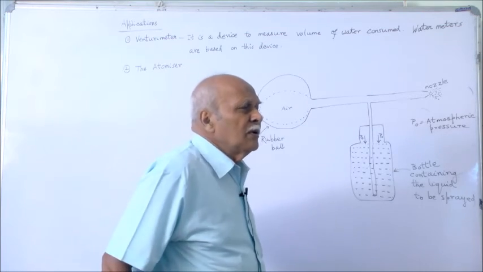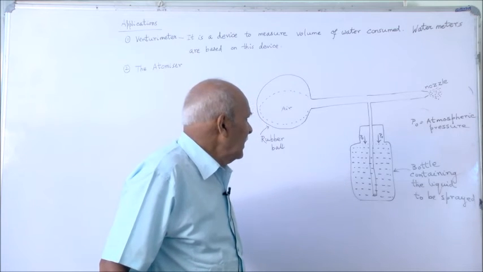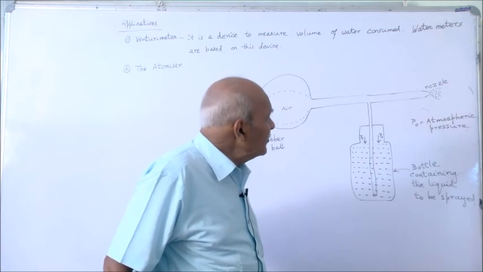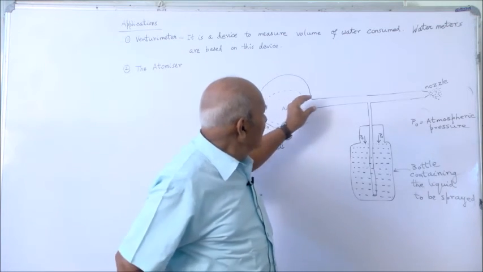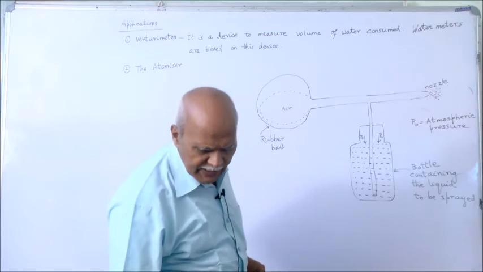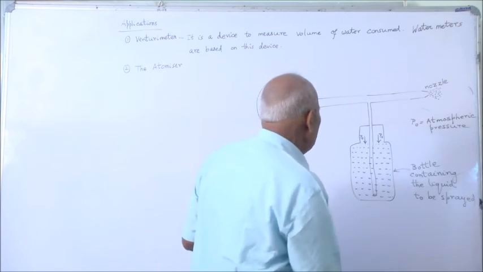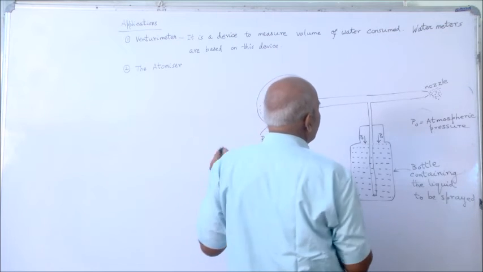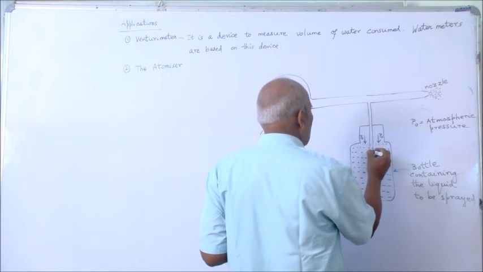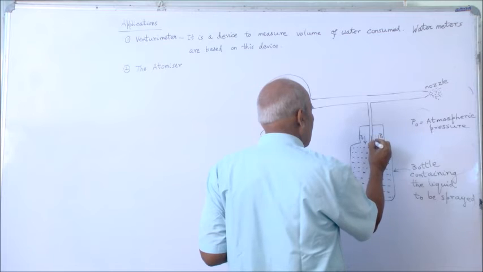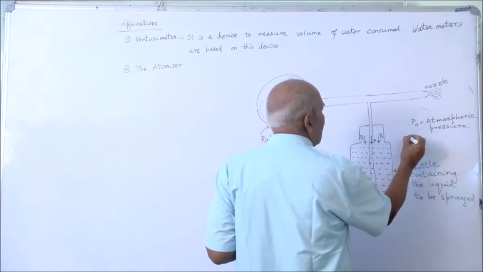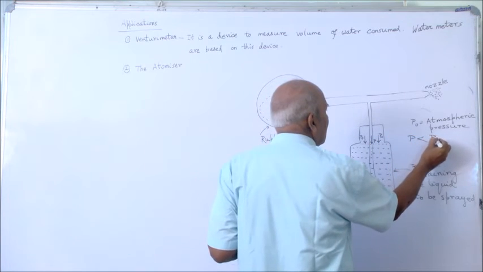So pressure plus velocity on one side is equal to pressure and velocity square on the other side. So once this velocity of the air increases in the horizontal tube, pressure decreases. So therefore here inside the tube pressure is P, and this P is less than P0.